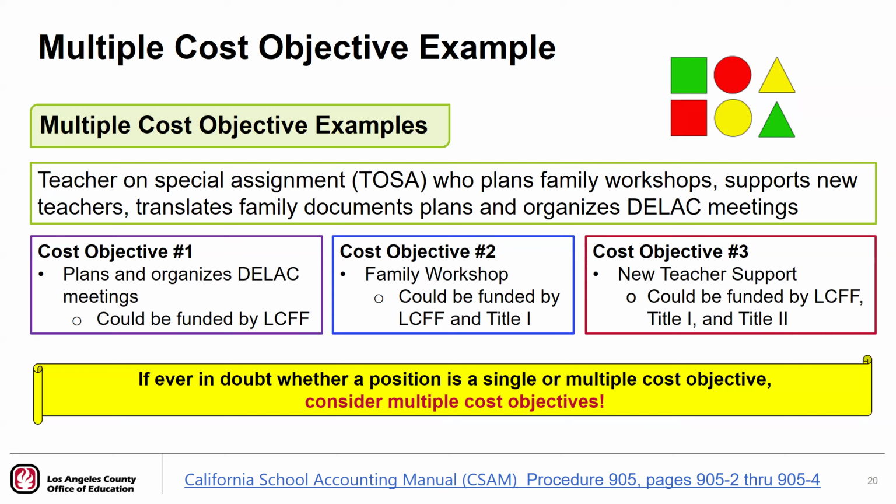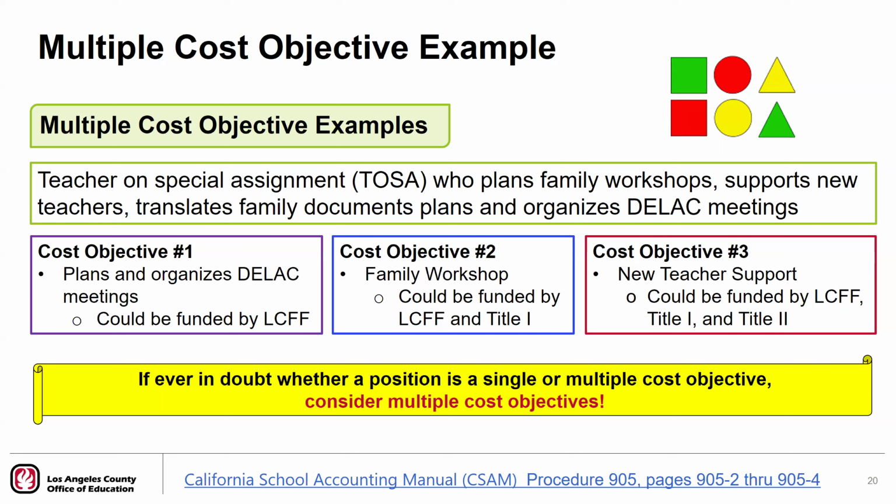All of these activities may not be allocable under each of the various federal grants. And it is possible that some of these tasks are allocable under a couple of the grants, but not all of them. For example, the tasks related to planning DLAC meetings may be allocable under LCFF, but not Title I or Title II.